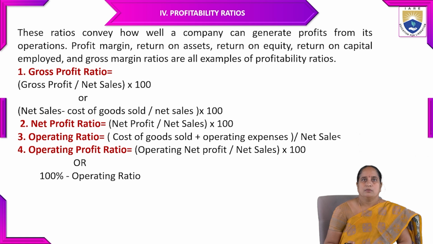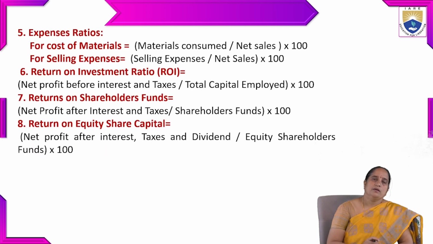Operating ratio, cost of goods sold plus operating expenses divided by net sales. Operating profit ratio, it can be calculated by the formula operating net profit divided by net sales into 100, or 100% minus operating ratio. The next, expenses ratios.